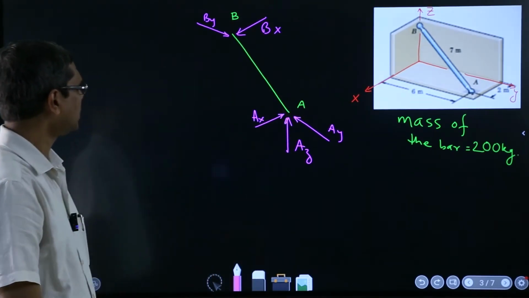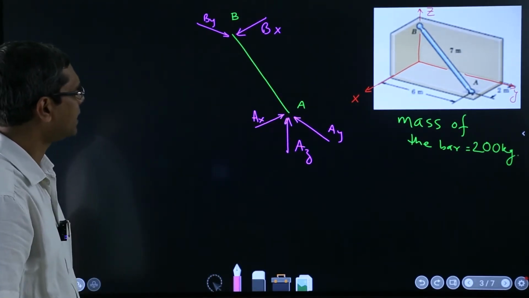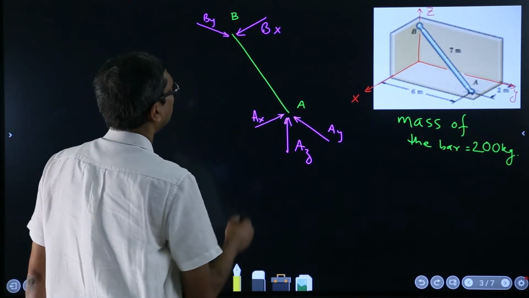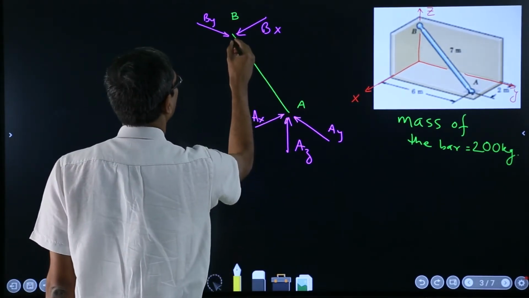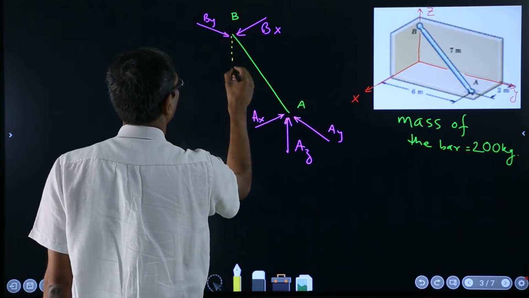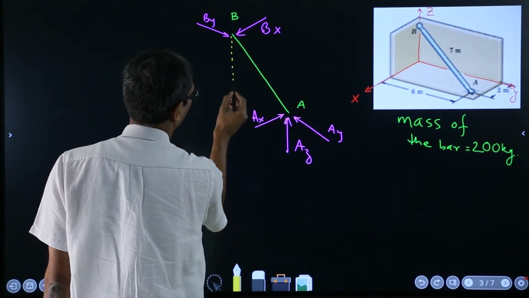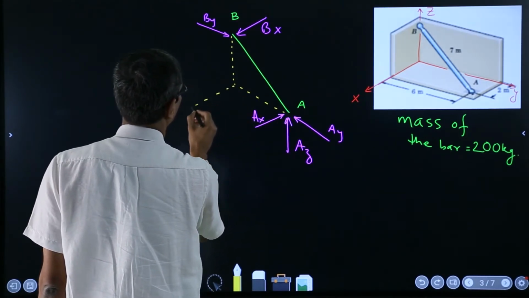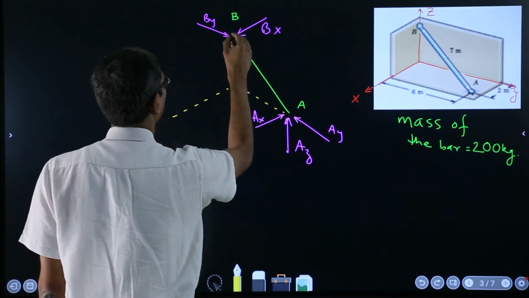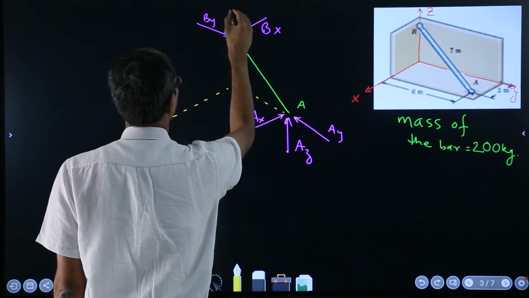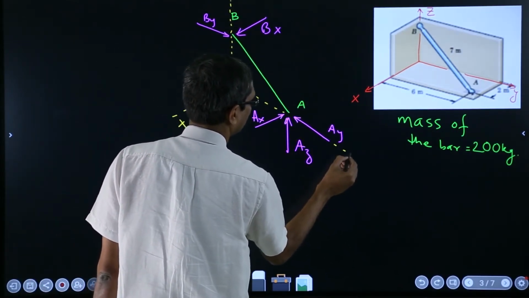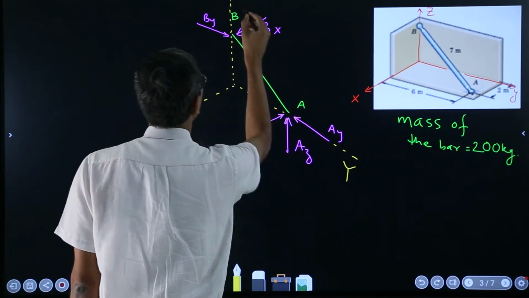These are the forces which will act, and you should be able to draw the axes, so these are the axes x, y and z.